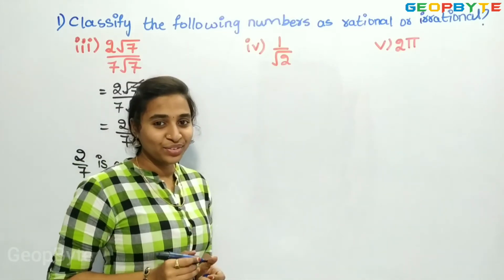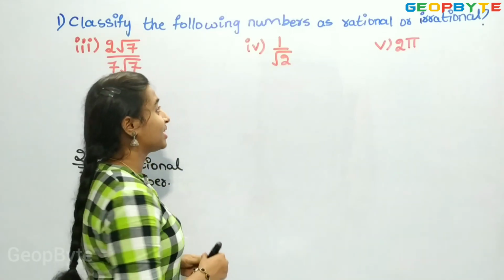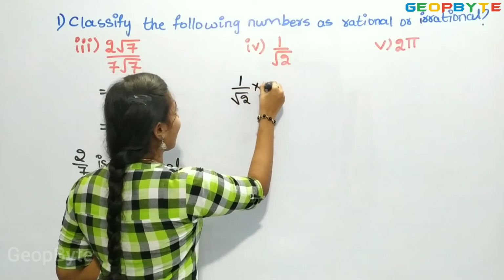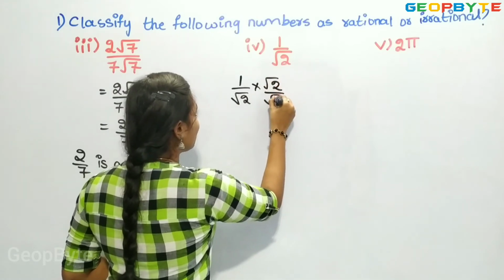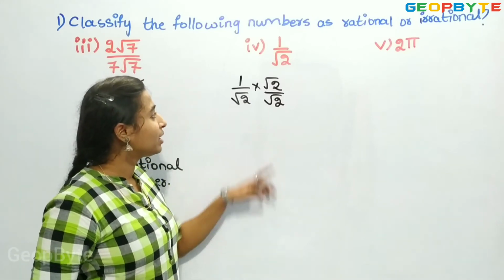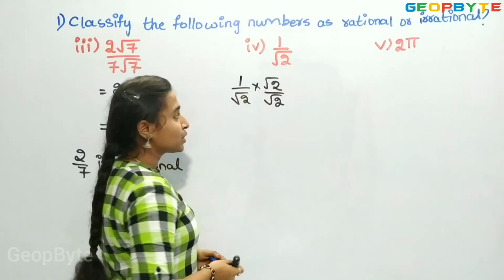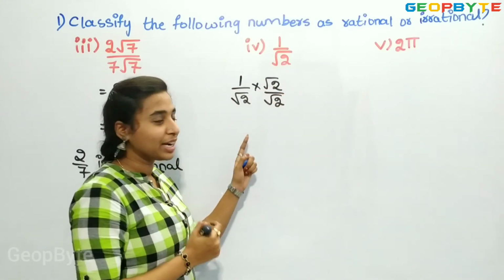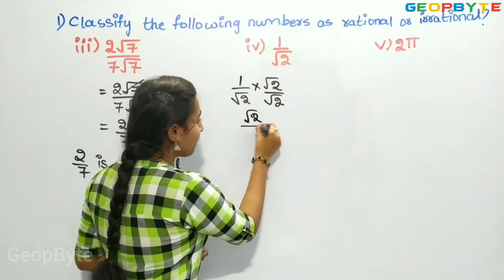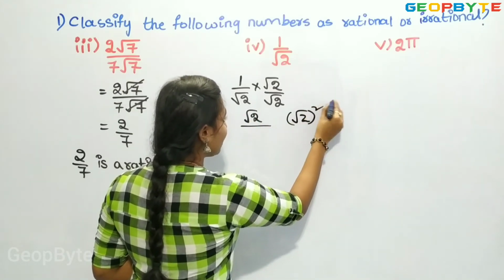Now let us see the fourth one. We have 1 by root 2. We know that we need to multiply and divide with root 2, as we have seen in the example problems. In that we have multiplied root 2 and root 2, divided with root 2. So now let us multiply the numerators and denominators. Root 2 into 1 is root 2, and root 2 into root 2 means root 2 whole square.